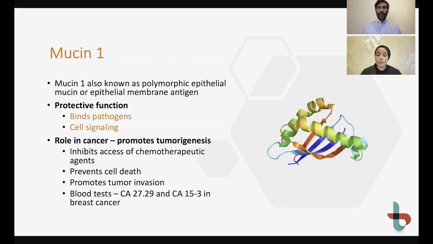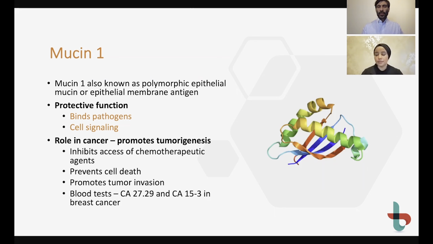Mucin 1 is also used for blood tests such as CA125 and CA15.3 in breast cancer. Both of these blood tests are epitopes on mucin 1. CA27.29 has higher specificity and sensitivity compared to CA15.3.